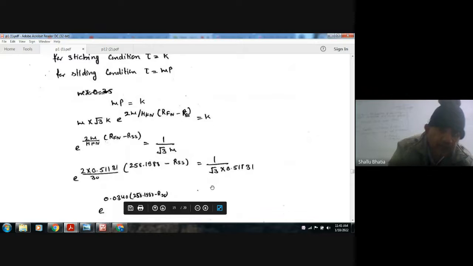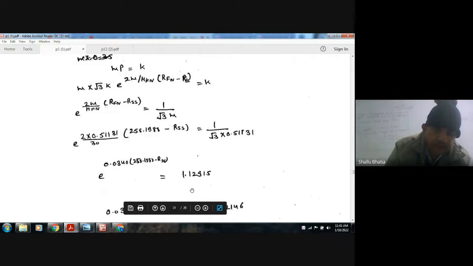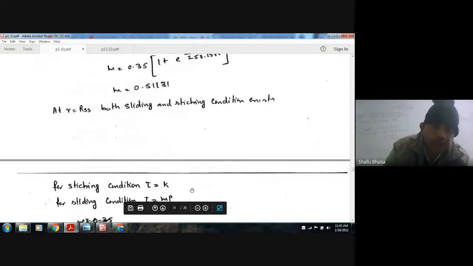We have all other values: h_fn, mu, r_fn. So we can find out r_ss. So r_ss comes out as 254.62. The answer is here.